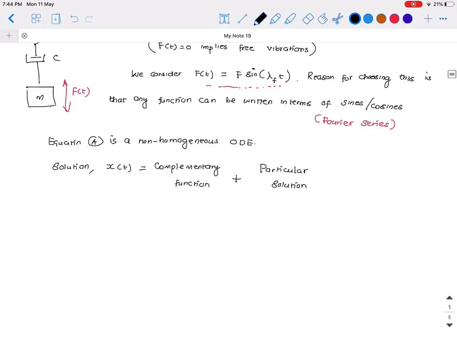The complementary function can be obtained by solving the corresponding homogeneous equation, m x double dot plus c x dot plus k x is 0, which we did already in the last lecture.